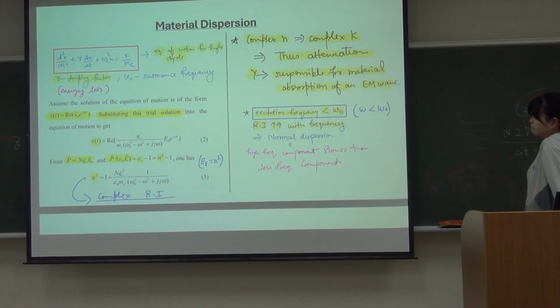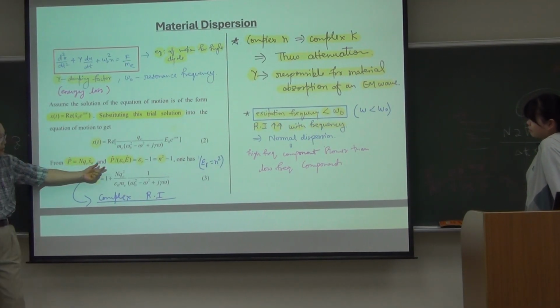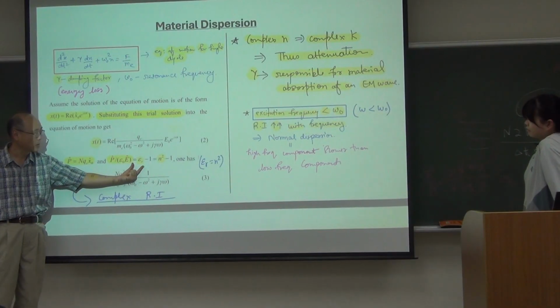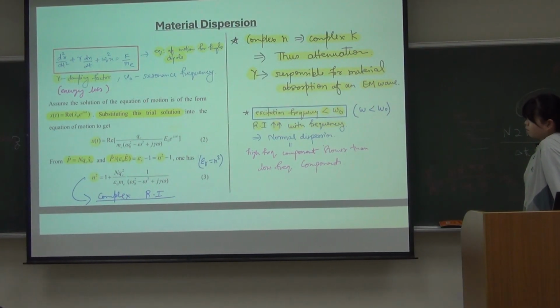So in fact, when we do this calculation, we talk about everything in the frequency domain. This is not a time domain result. This is a frequency domain result. Look at this. Divide this by epsilon E to get the susceptibility.